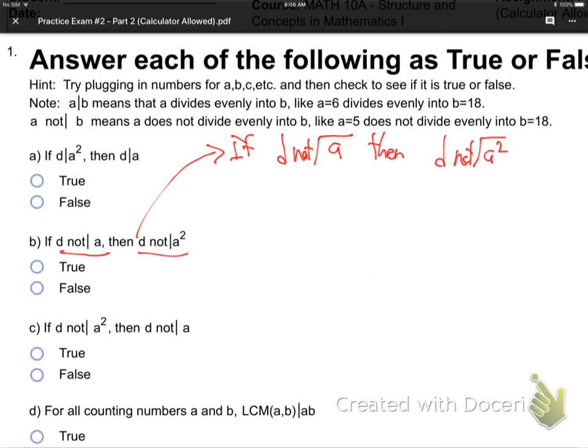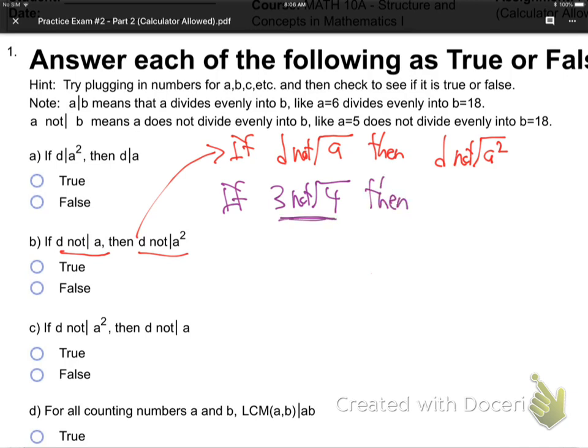Okay, so you've got to remember what we've got to do. We've got to meet the if. So pick a D. How about 3 does not go into, I don't know, 4. 3 does not go into 4, right? So I met the if, that 3 does not go into 4.